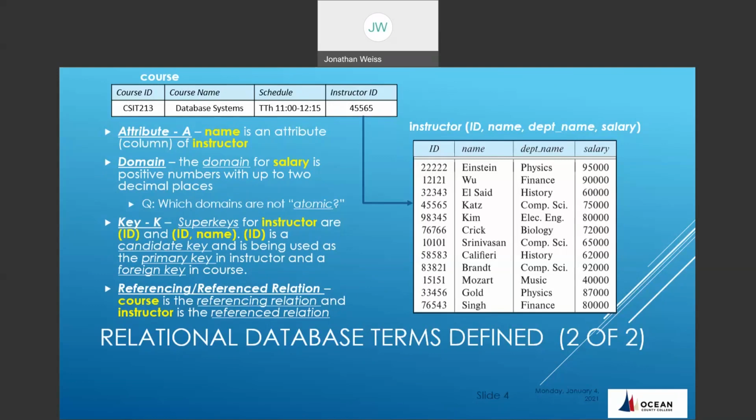Okay? What that means is I just want that attribute of that relation. So I'm restricting what I get back to only being those attributes that I'm concerned with.